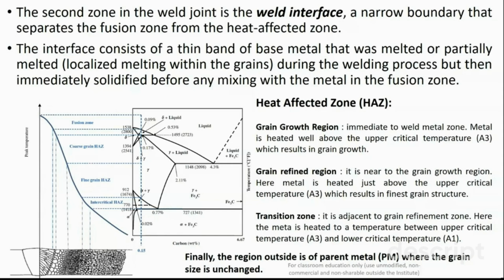Then there is the grain refinement zone, where recrystallization occurs. It is near the grain growth zone, but here the metal is heated just above the upper critical temperature, and it results in the finest grain structure. Then there is a transition zone, in the immediate vicinity of the grain refinement zone. Here the metal is heated between the upper critical temperature and the lower critical temperature line. These are the three zones of the heat affected zone.